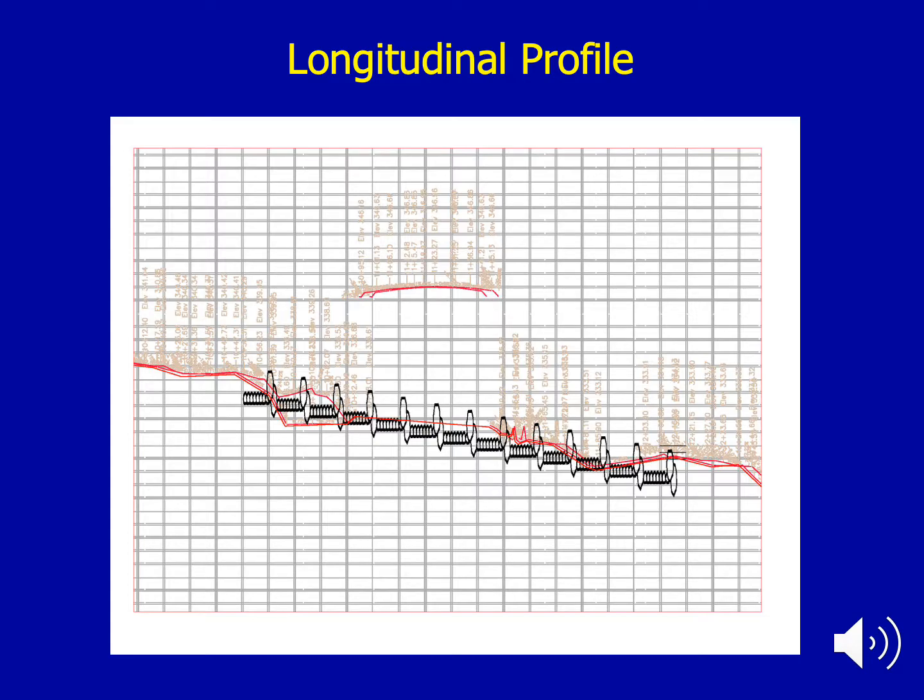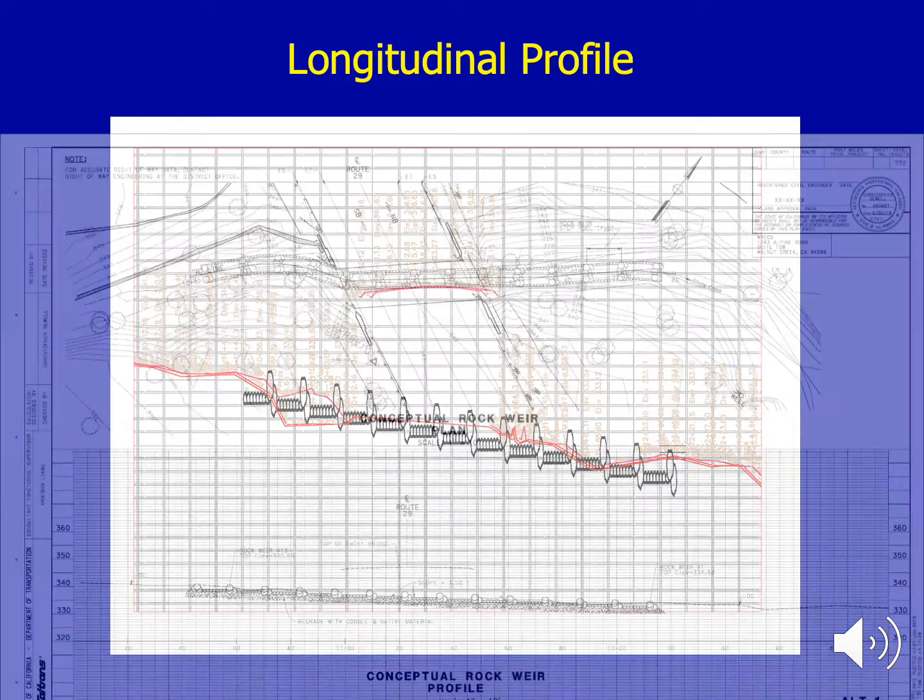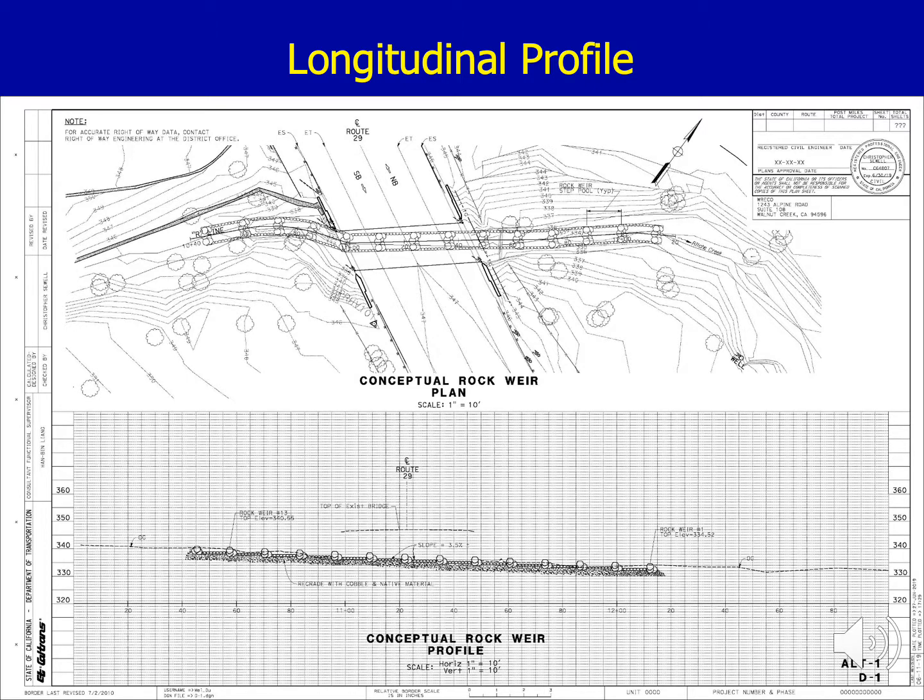But this is at the stage when we're developing potential channel design. So the next iteration that came through, really a couple weeks later, is the same project with the same boulder weir design. And this is generally about the level of long profiles I see in the actual design sheets. What's its extent?